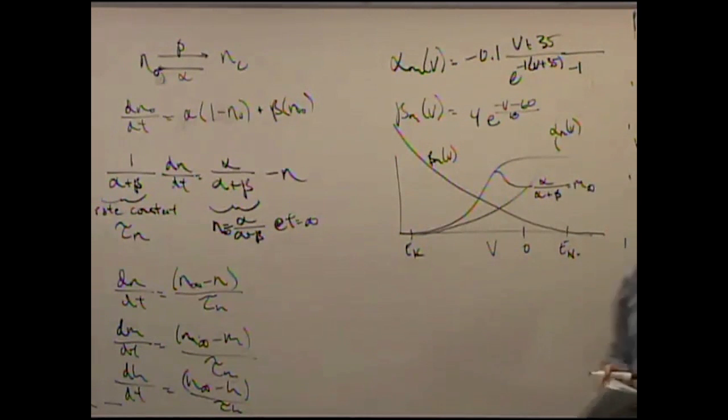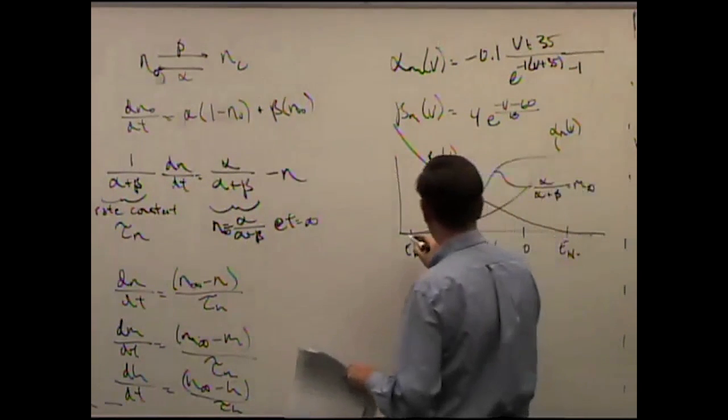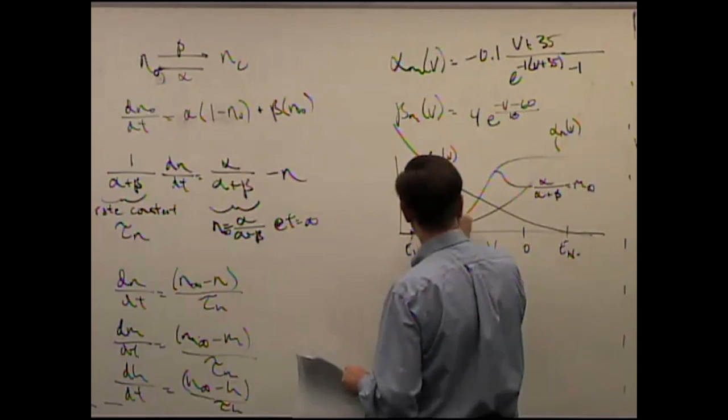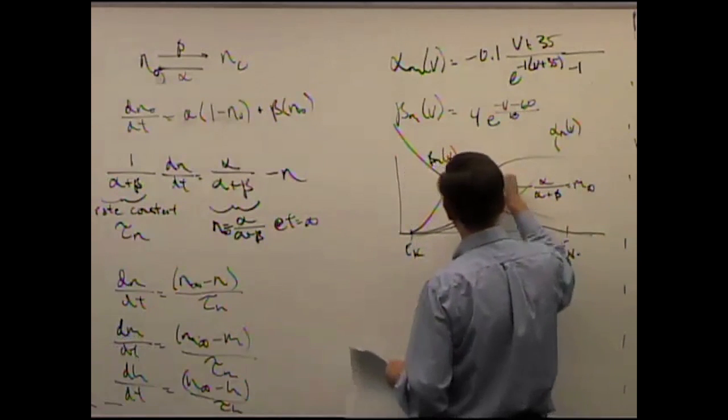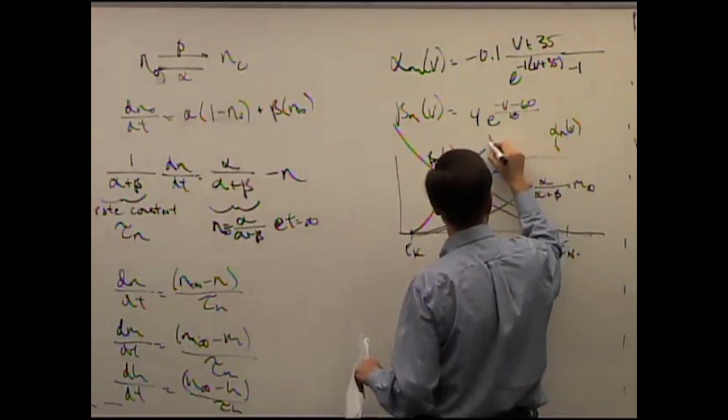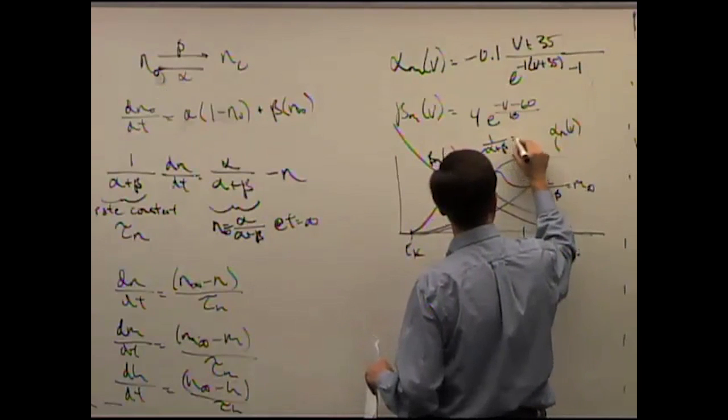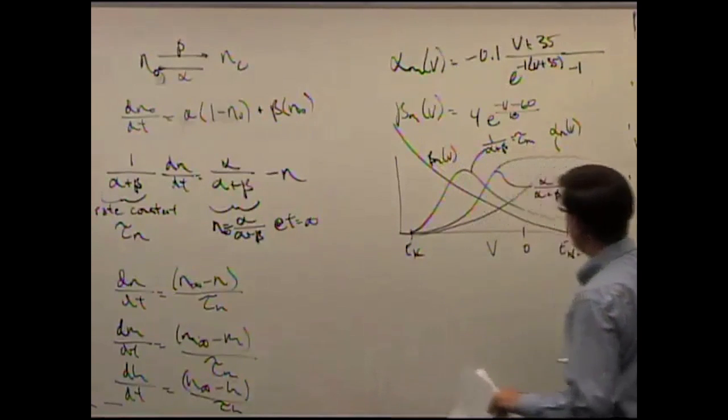I should have done that in a different color. And if I plot something like this, this is 1 over alpha plus beta, which is equal to tau m.